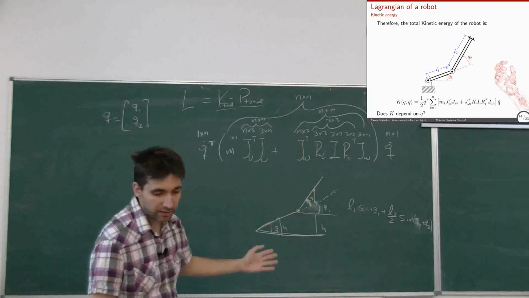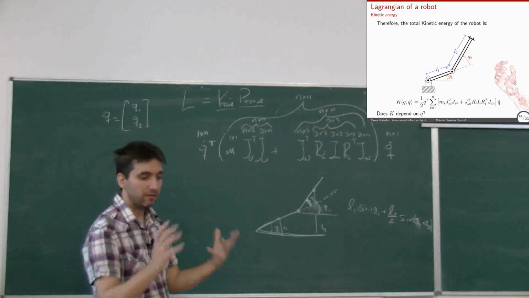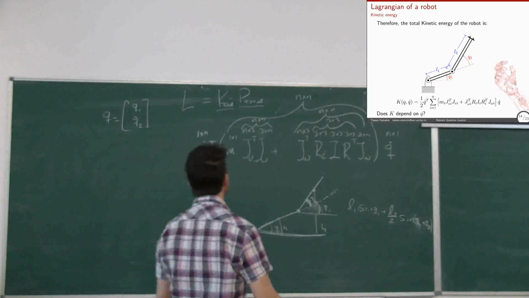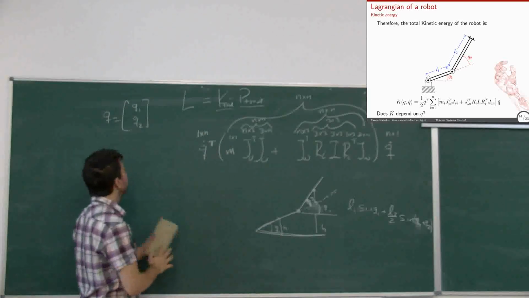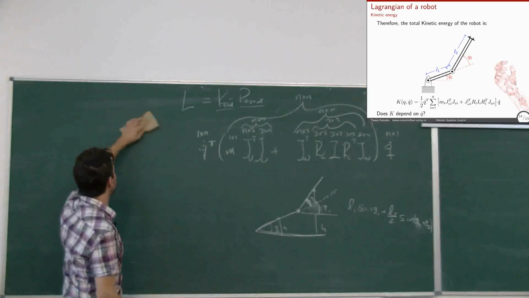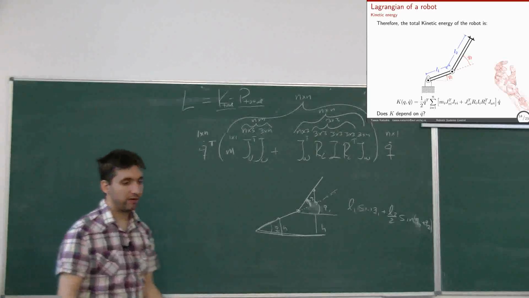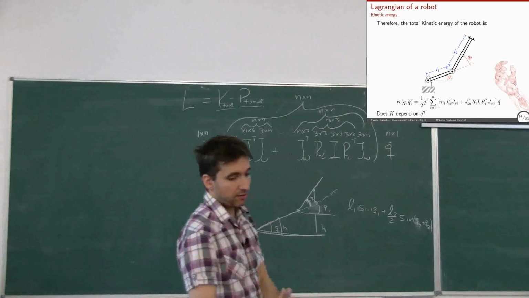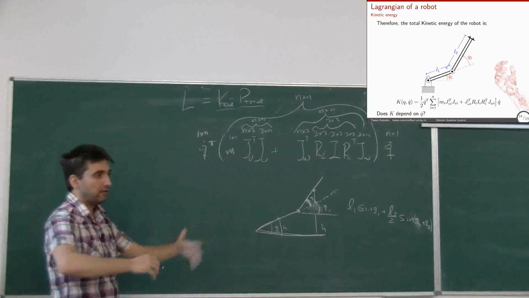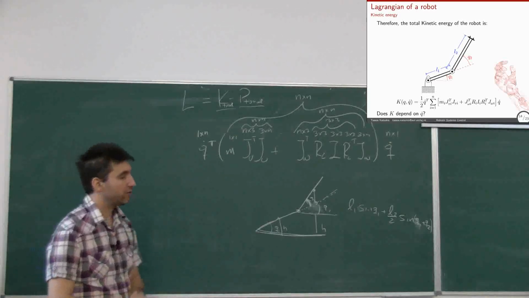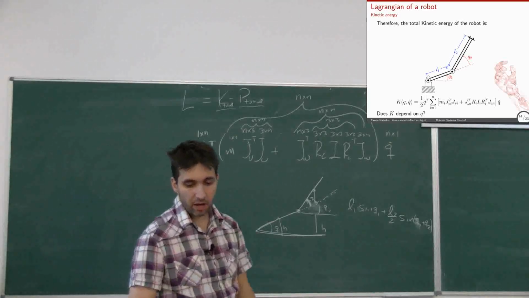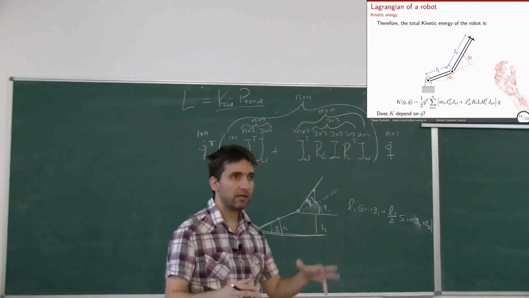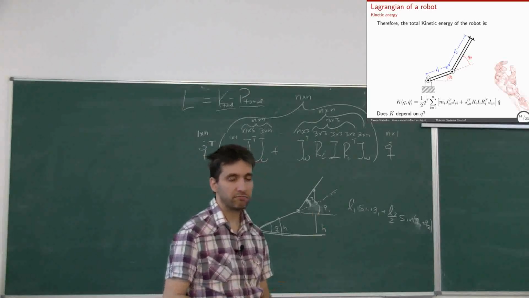Now we have the total kinetic and the total potential, and we can use the Lagrangian to do the derivations as Lagrange defined them, together with the help of Euler, and to define the final equation of motion for our system.